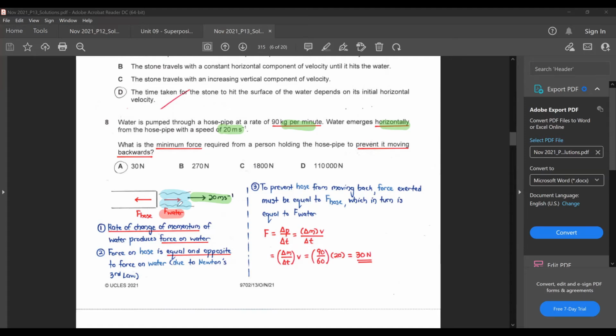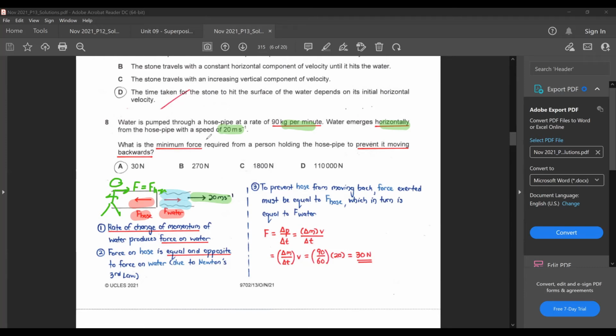According to Newton's third law, the water will exert an equal and opposite force back onto the hose. If you want to prevent the hose from moving backwards, you have to have a person holding the hose. So the person will have to exert a force that is equal to the force acting on the hose.